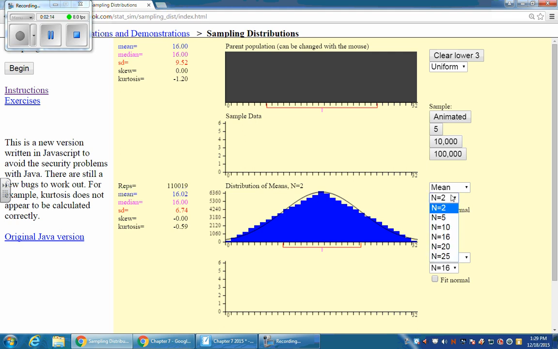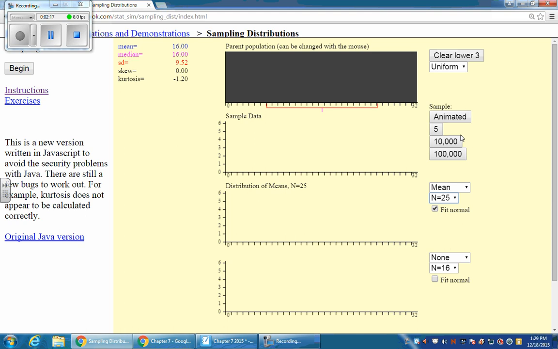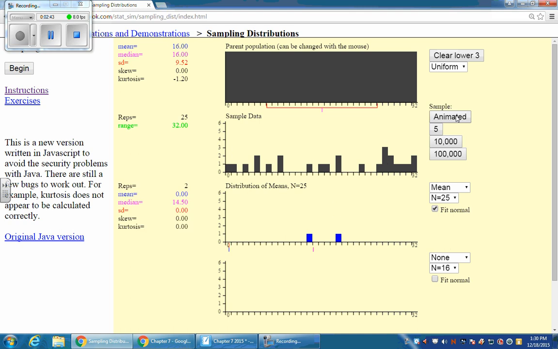But if I change this from taking 2 to a much higher number, and animate this, I'm going to take 25 data pieces from our population. And then out of those 25, I'm going to drop one mean of that distribution. Then I do it again, and I get 25 data points, and it will slowly drop another mean.